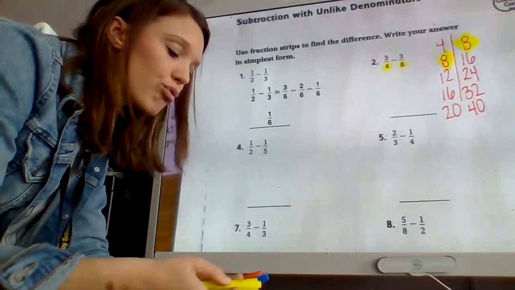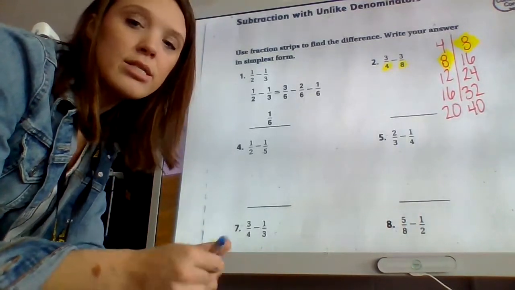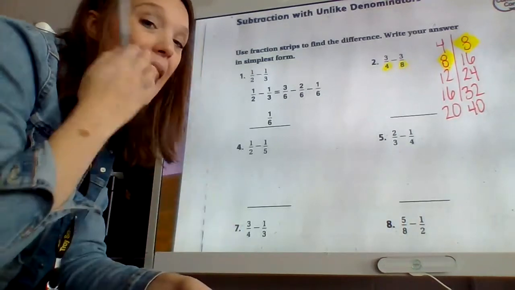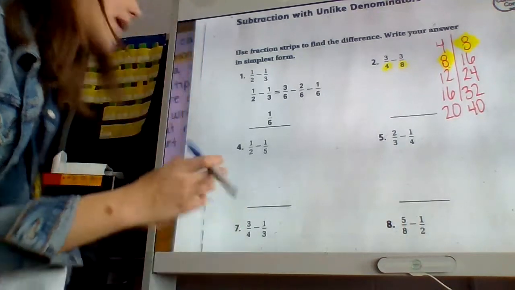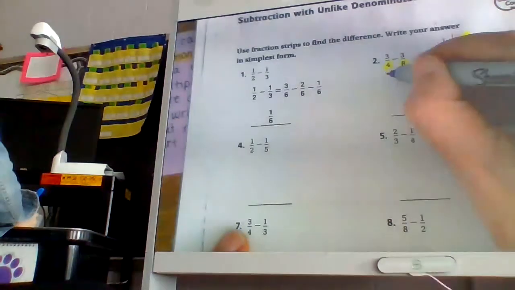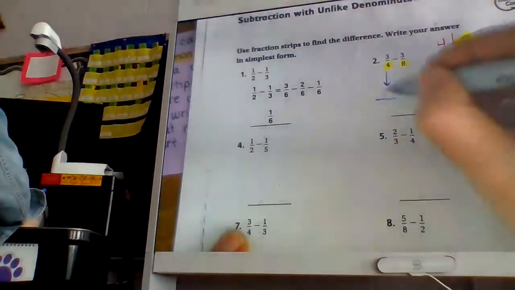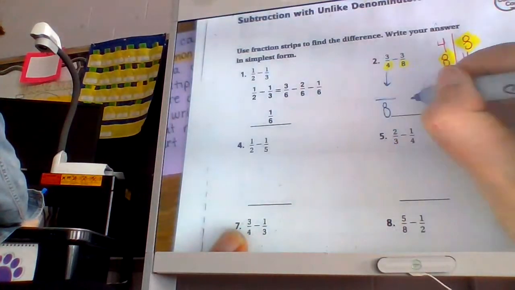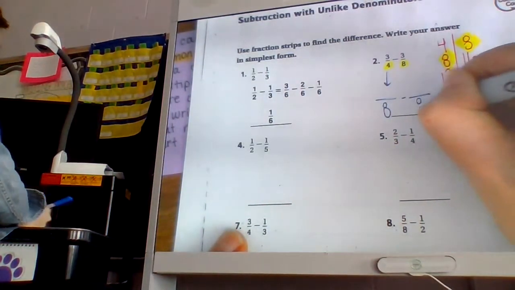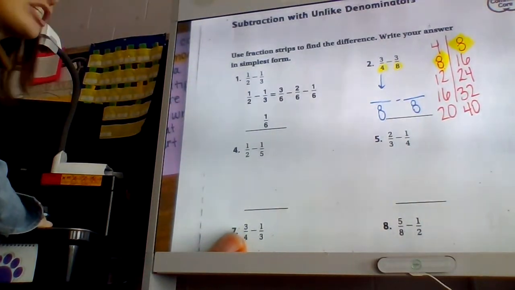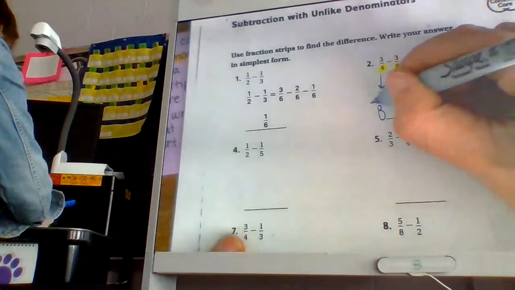So I'm going to now rewrite my fractions with my LCM, my least common multiple, as my now common denominator. So 3/4 is now going to be rewritten out of 8. And my second fraction, 3/8, will also have the LCM, which is also 8.